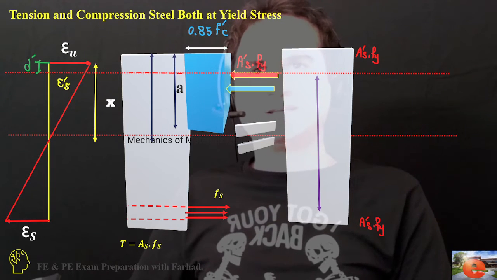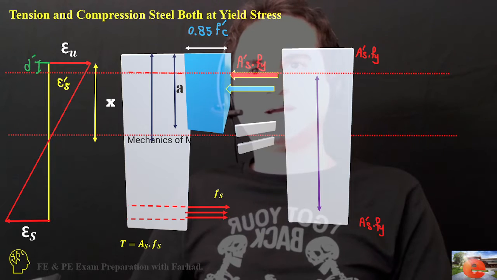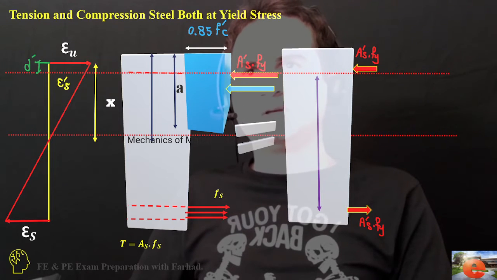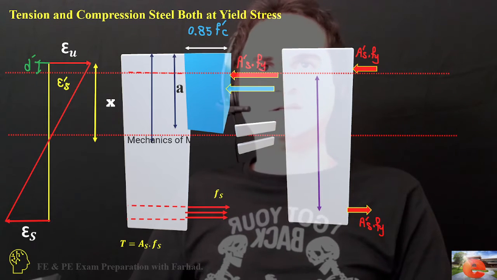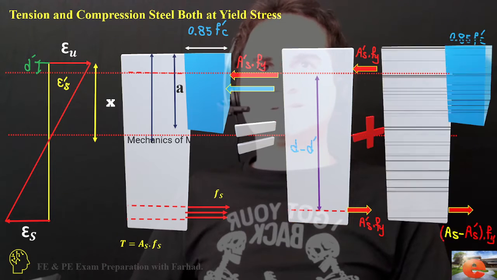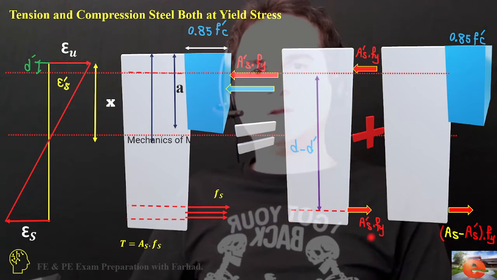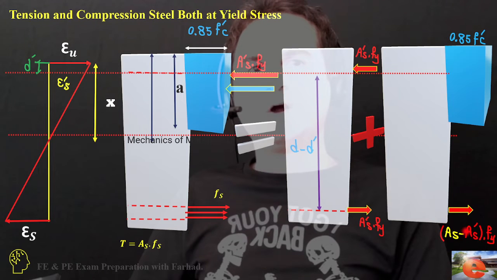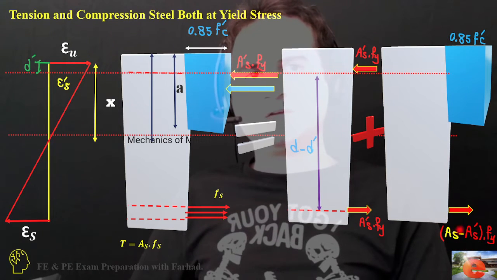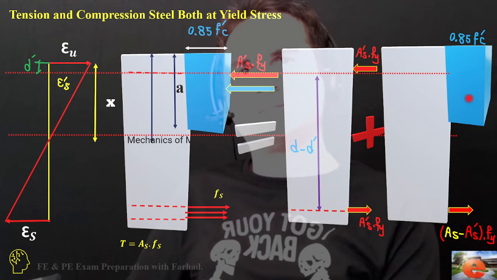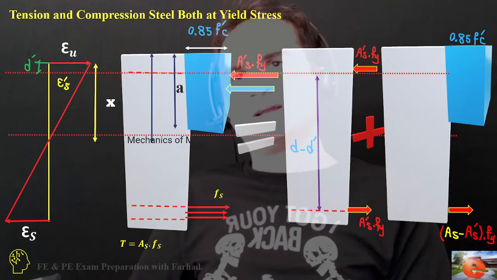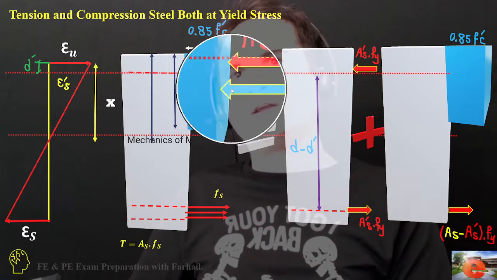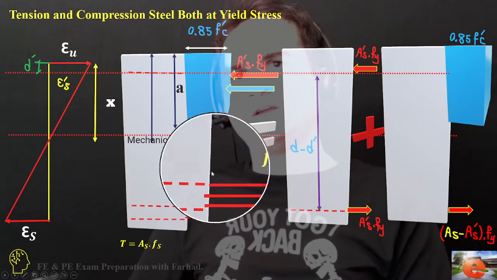If we want to separate the forces, the total combination splits into two different sections. One has A'_s times f_y at the top and A'_s times f_y at the bottom, and the other has A_s minus A'_s times f_y, which makes a couple with the compressive part of the concrete. So we can consider the overall cross section as two sections.